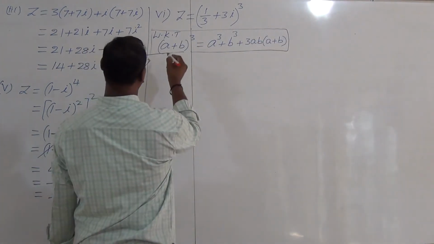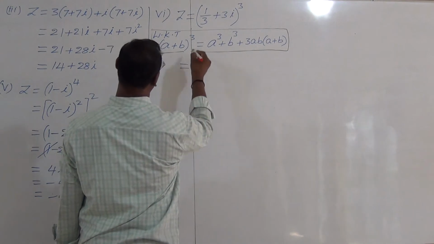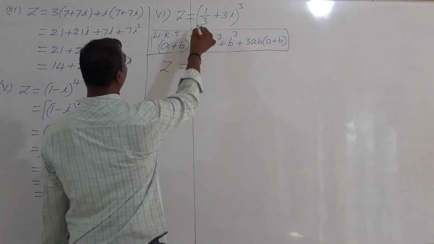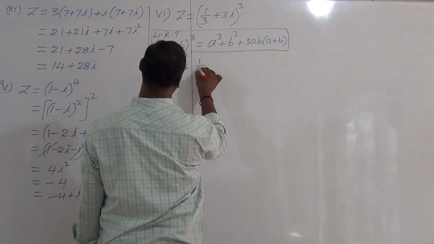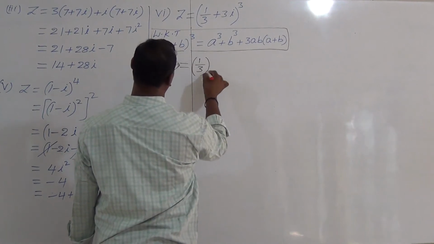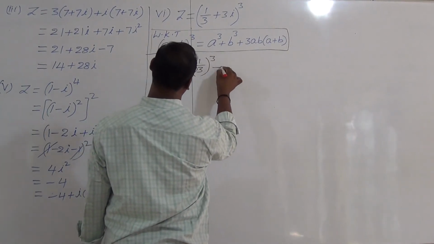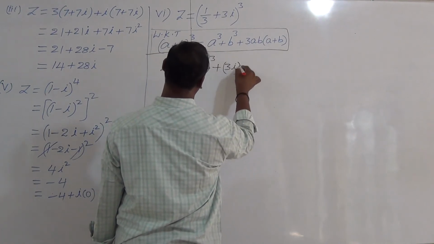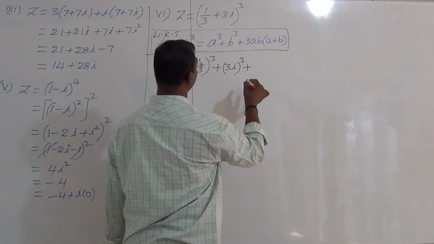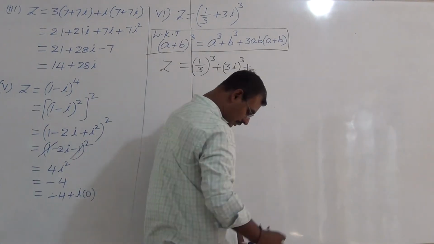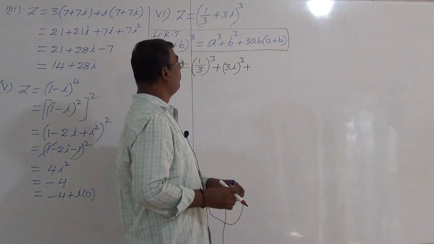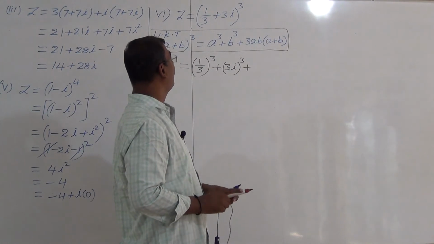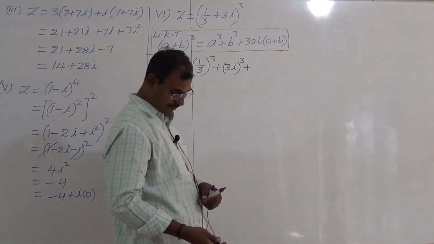According to this, z is equal to a value 1 upon 3 whole cube plus 3 iota whole cube plus 3ab. So what is the 3ab here?